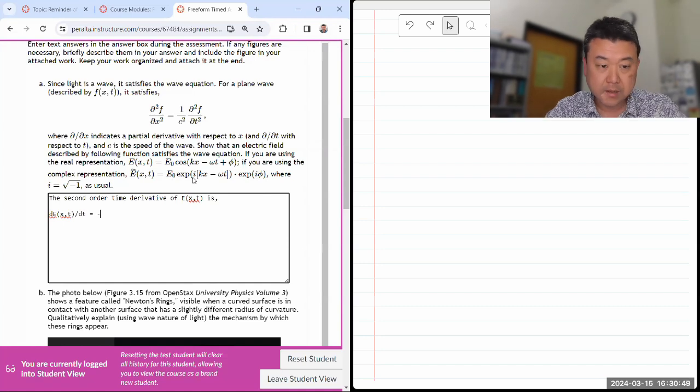That's minus omega squared times, and nothing else changes, so it'll be just E(x,t).